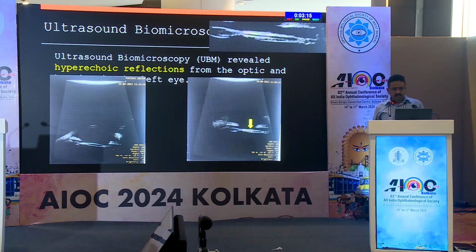When we did the UBM of this intraocular lens, on the left side is the UBM of the right eye, and at the yellow arrow you can see that even inside the IOL there is hyperechoic shadowing, which is shown in the inset on the above pane.